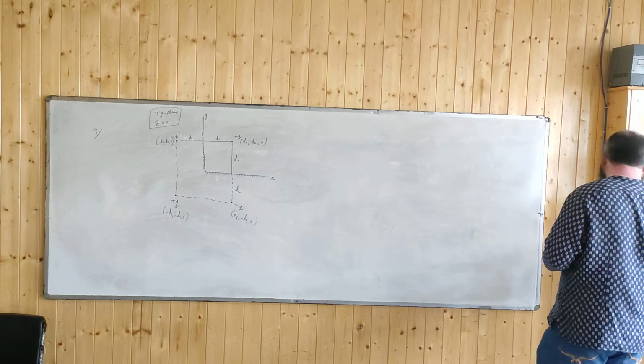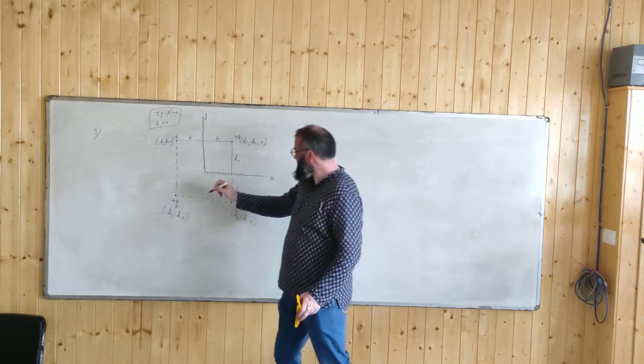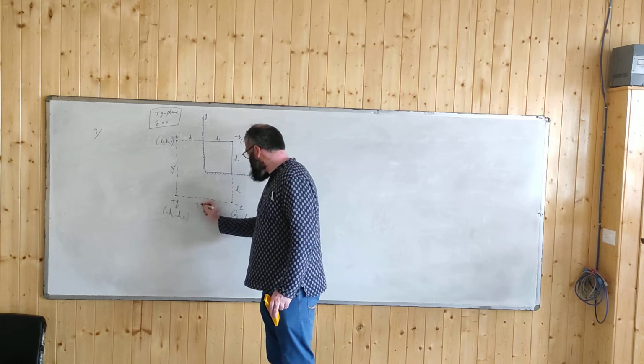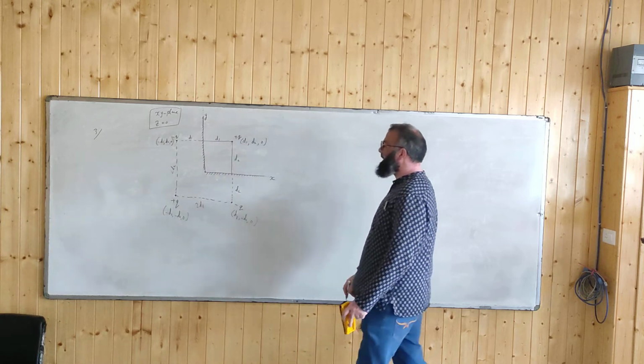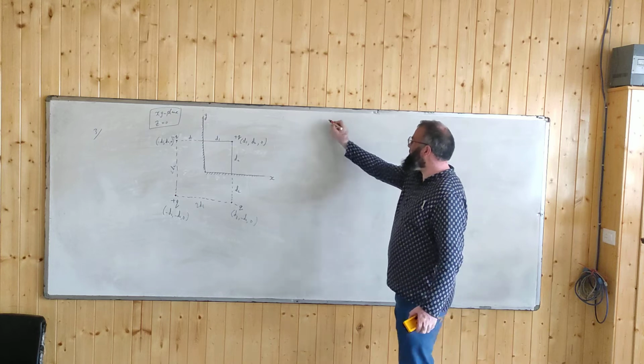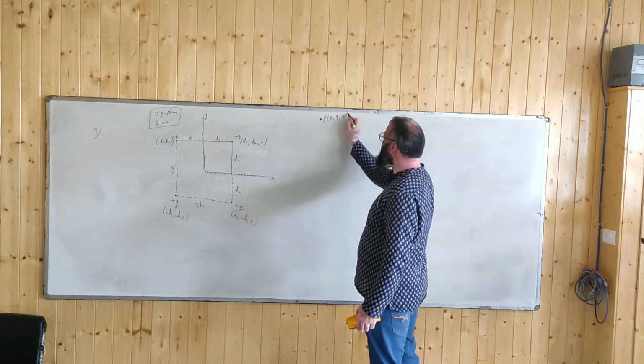Okay, so now let's calculate. How much distance is this? This distance is twice d2 and this distance is twice d1. So now let's calculate at an arbitrary point in three dimensions. You need to calculate the potential at point P, which has coordinates x, y and z.